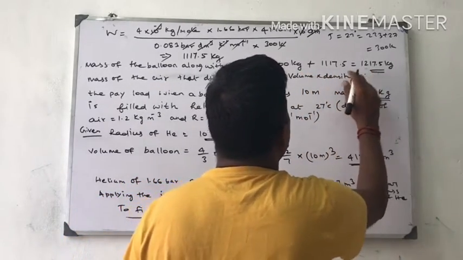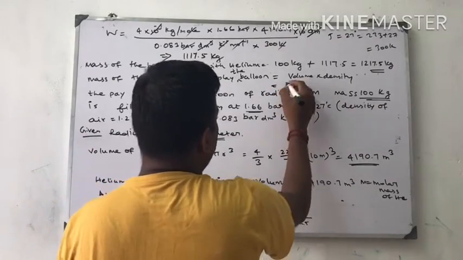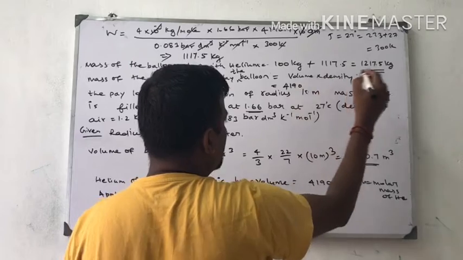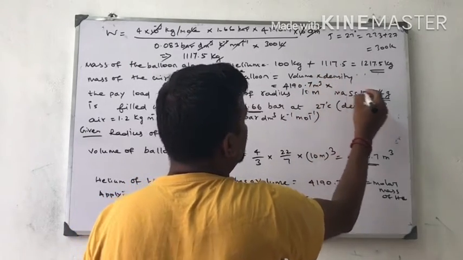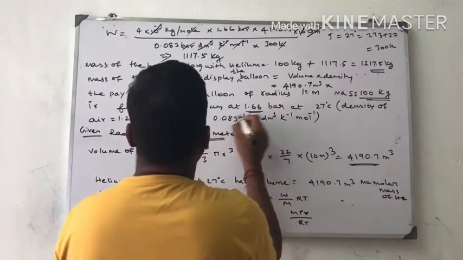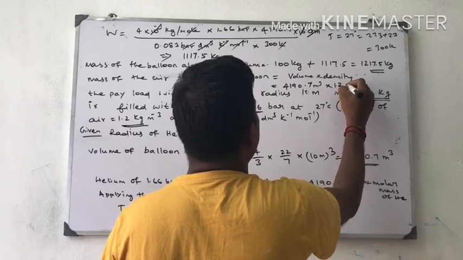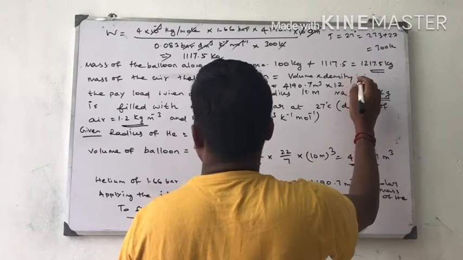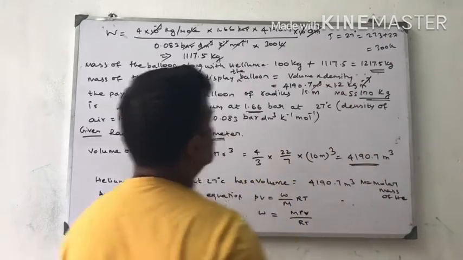What is the volume here? Volume is already found: the volume of the balloon is 4190.7 meter cube, into the density. Density of air is given as 1.2, so 1.2 into kilogram meter inverse. Meter cancels.